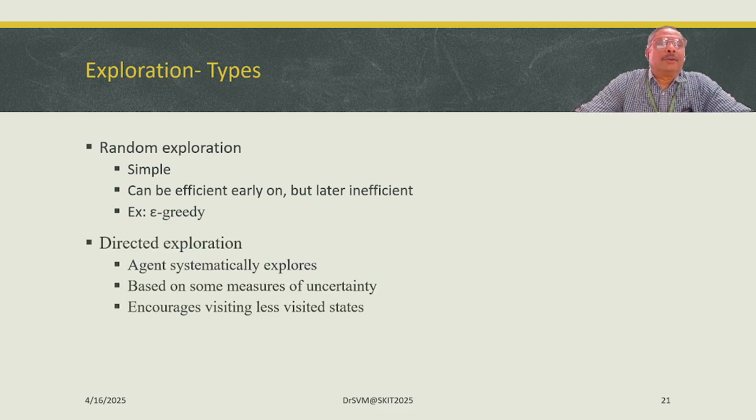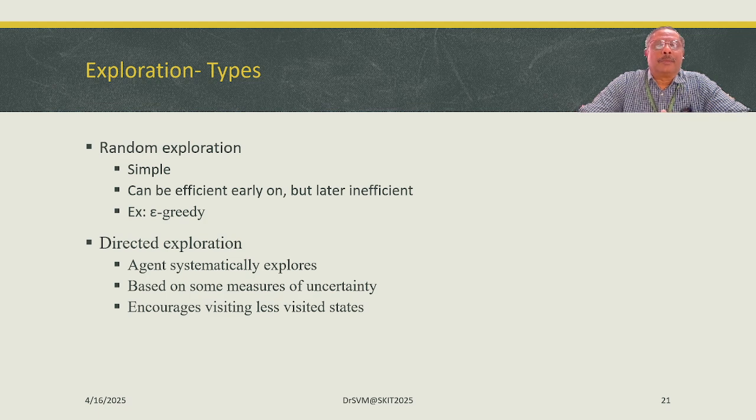The other form of exploration is directed exploration, wherein the agent systematically explores. Instead of randomly exploring, it systematically explores. This exploration is based on some measures of uncertainty. We just don't take up anything randomly.